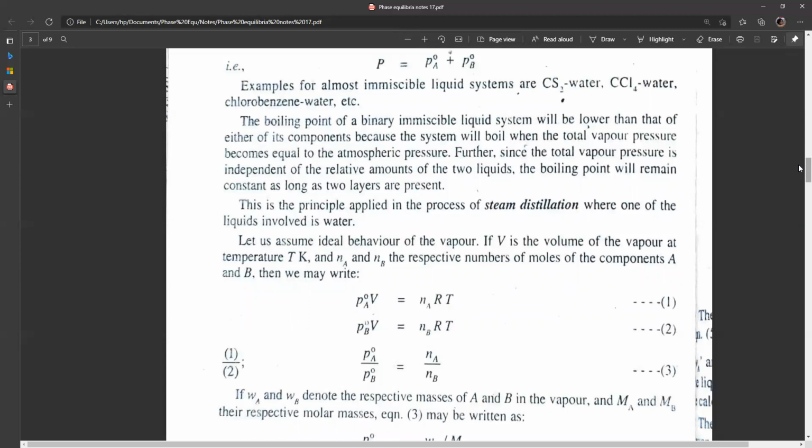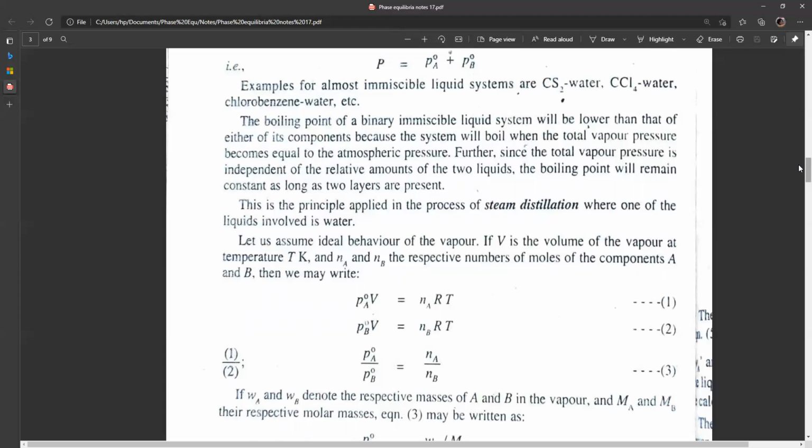That is, an organic liquid which is immiscible with water can be separated from water using steam distillation, and we can also purify that steam volatile liquid from a mixture. A pure steam volatile liquid can be obtained using the technique of steam distillation.